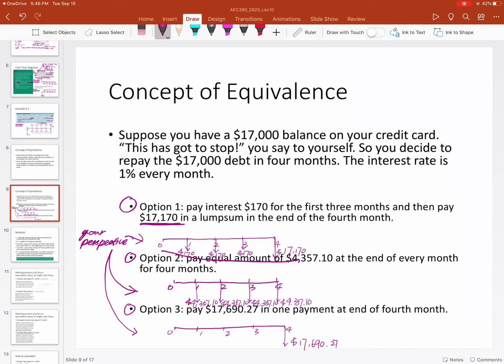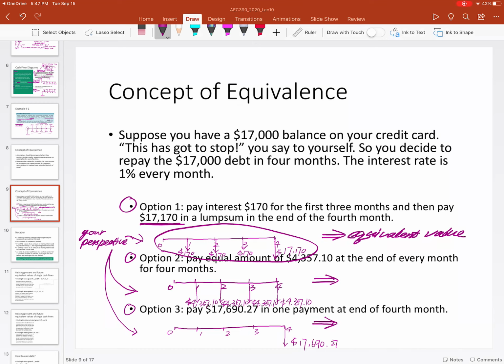The logic is we want to convert every cash flow, the whole thing, into some value equivalent. Which means that value will represent the cash flow.